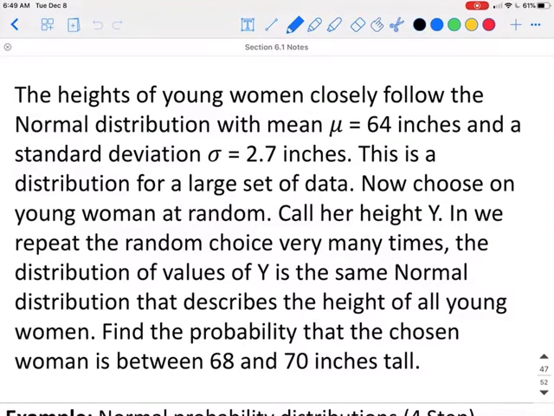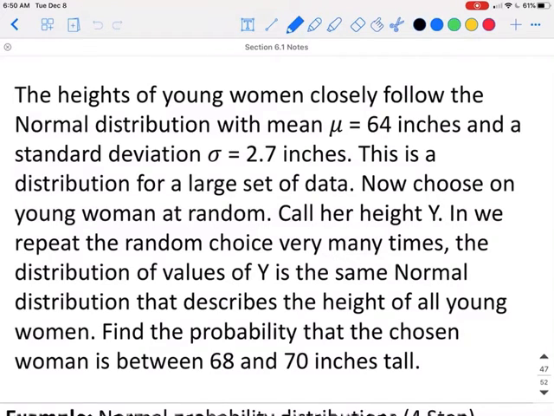This is a distribution for a large set of data. Now choose a young woman at random, call her height y. If we repeat the random choice very many times, the distribution of values of y is the same normal distribution that describes the height of all young women. Find the probability that a chosen woman is between 68 and 70 inches tall.